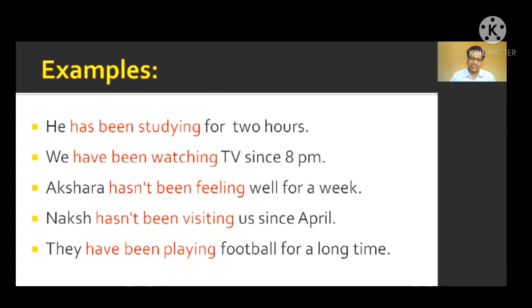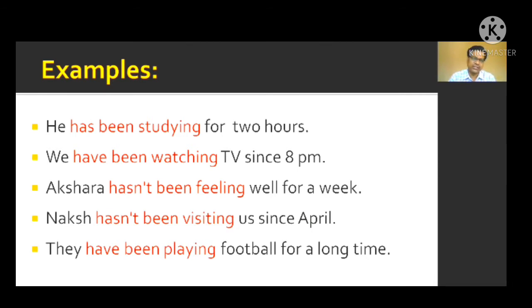Then you can say like this: we have been watching TV since 8 p.m. Means the action of watching television started at 8 p.m. It continued for some time whenever you are making this kind of sentence. So suppose you are making this kind of sentence at 10 o'clock in the night. It means for the last 2 hours you have been watching television.